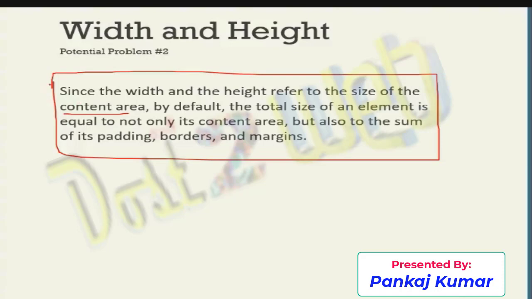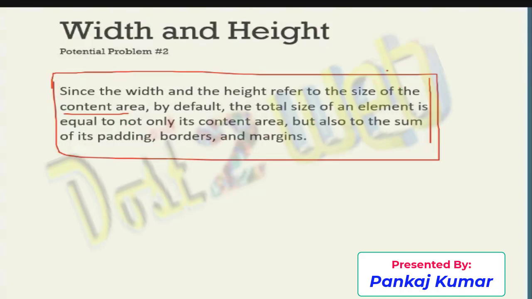By default, the total size of the element is not only the content area. You will also define some padding, some border, some margin. That is actually your height and width. It's not that only the height and width I have given in the paragraph define it.